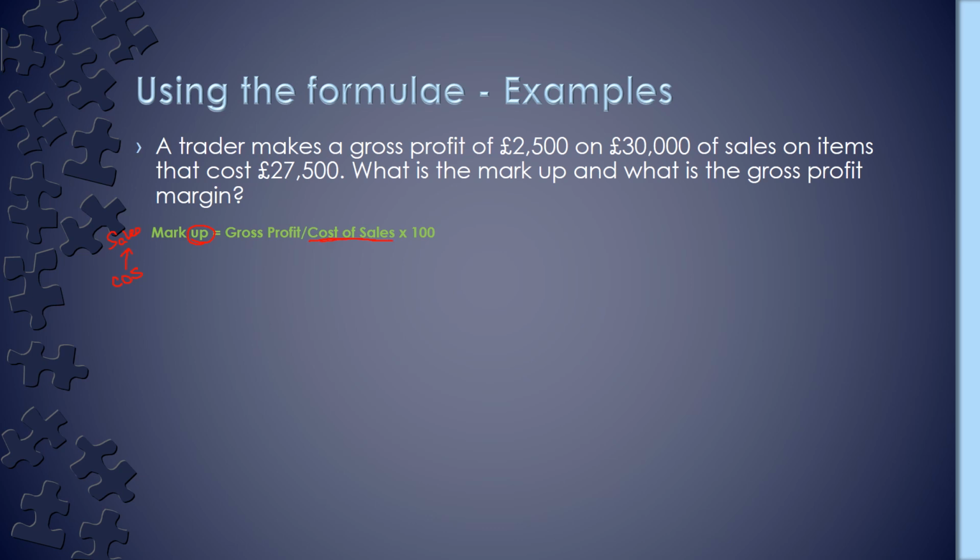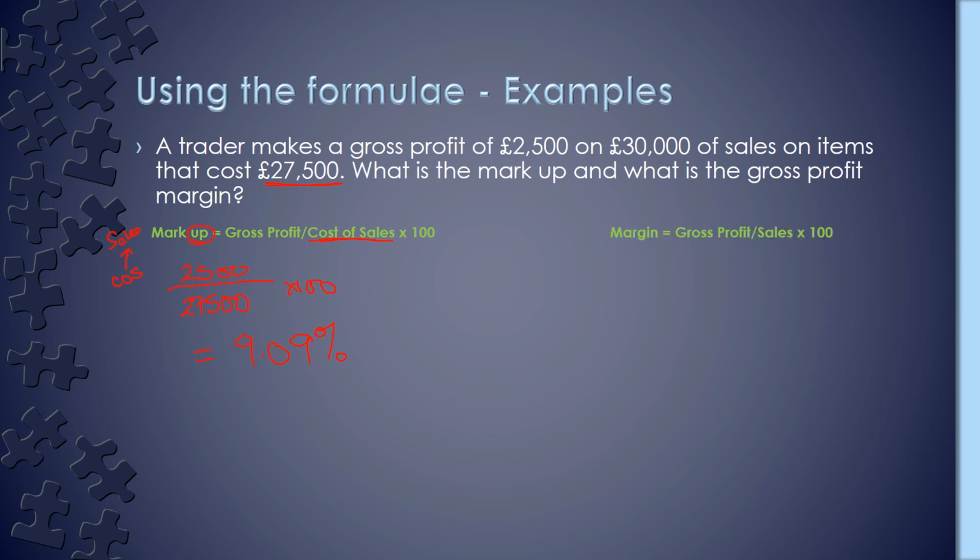So we know that our gross profit is £2,500. We want to divide that by our cost of sales, here it is here. And then we multiply by 100, and that gives us a markup of 9.09%, which is rounded to 2 decimal places.